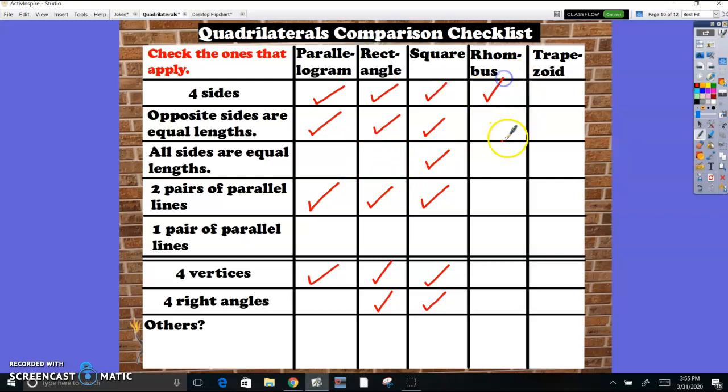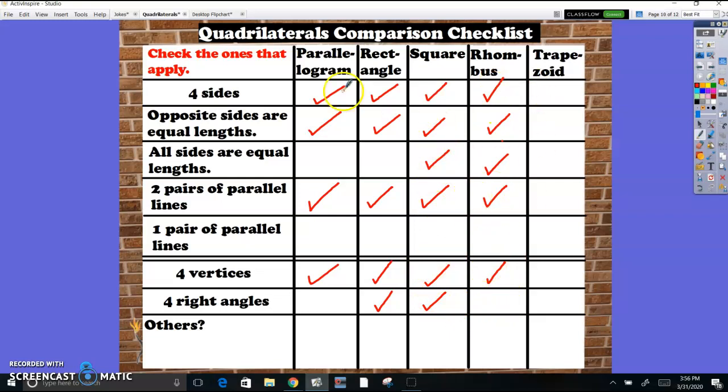A rhombus has 4 sides. Opposite sides are the same length. All sides are equal in length. And 2 pairs of parallel lines. Very similar to a square. However, it does have 4 vertices but does not have 4 right angles. So a rhombus cannot be called a square, but a square can be a rhombus.